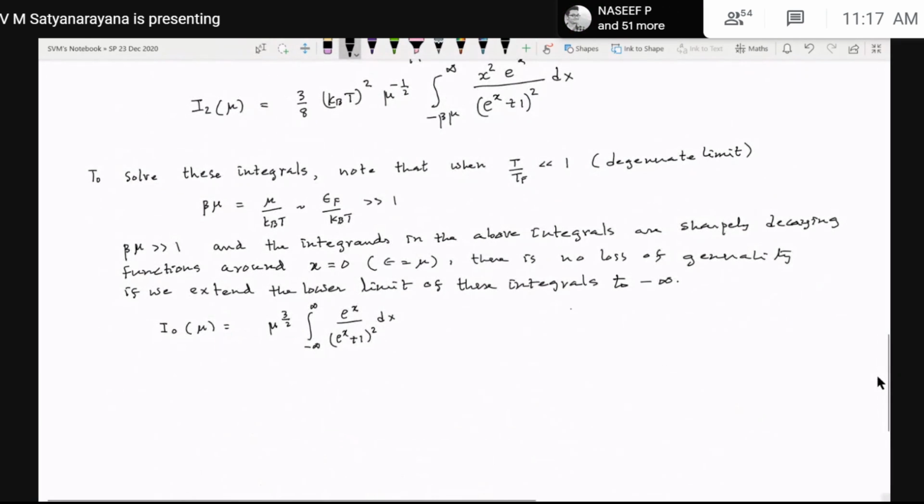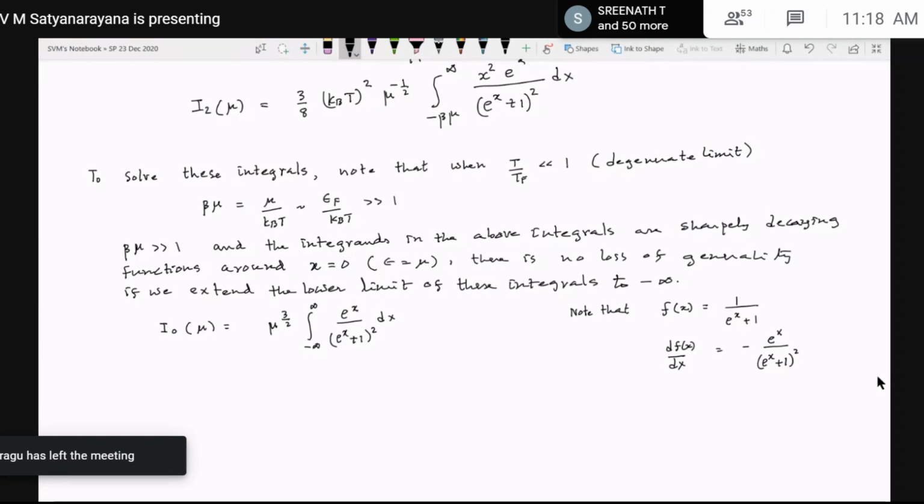So note that if I have a function f of x which is equal to minus 1 by e to the x plus 1, then df of x by dx is e to the x divided by e to the x plus 1 the whole square, with the minus sign making it plus.